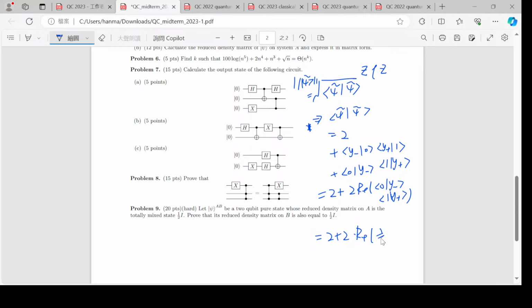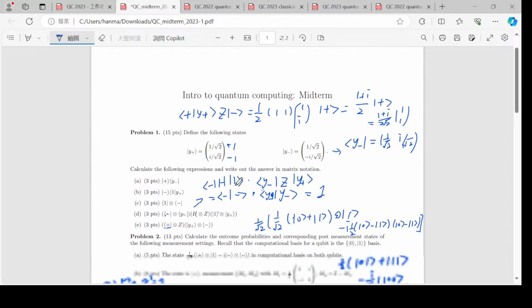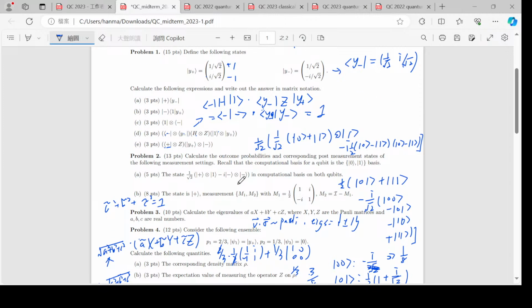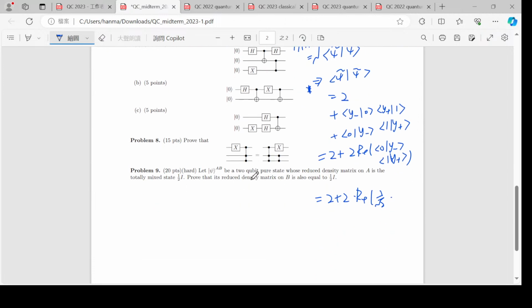So 0 on y minus is 1 over square root 2, and 1 on y plus is i over square root 2. Okay, so the number is actually nicer than I expected.